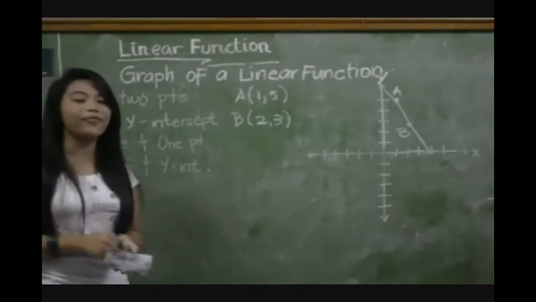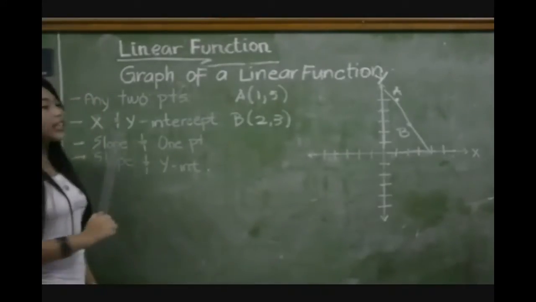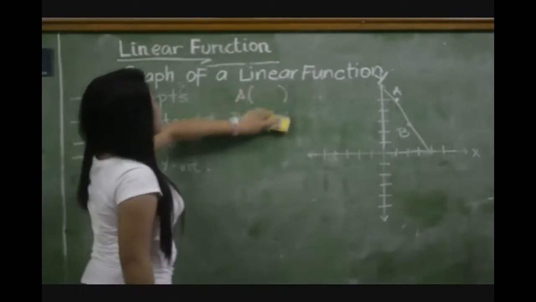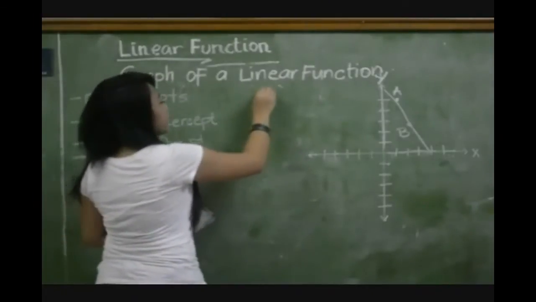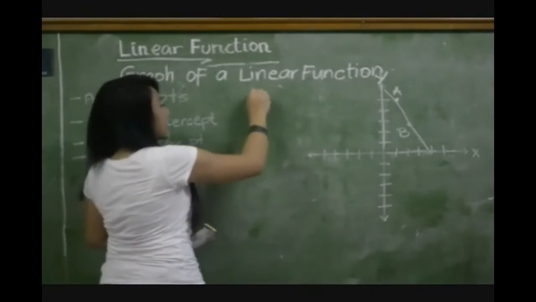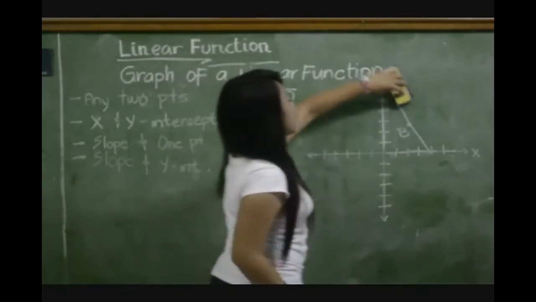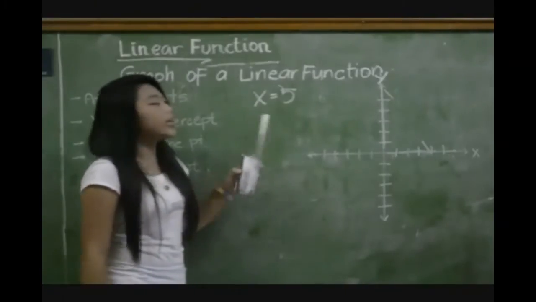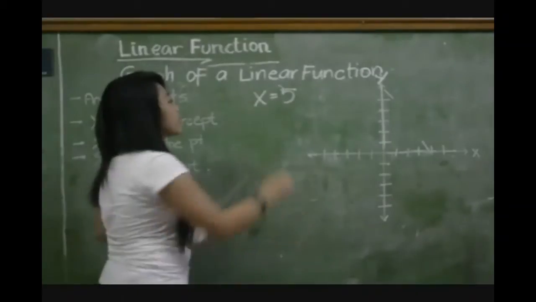We can graph a linear function in another way, given the x- and y-intercepts. Let me give you an example. If the given is the x-intercept, x equals 5. We all know if the only given is x, the y value is going to be 0.